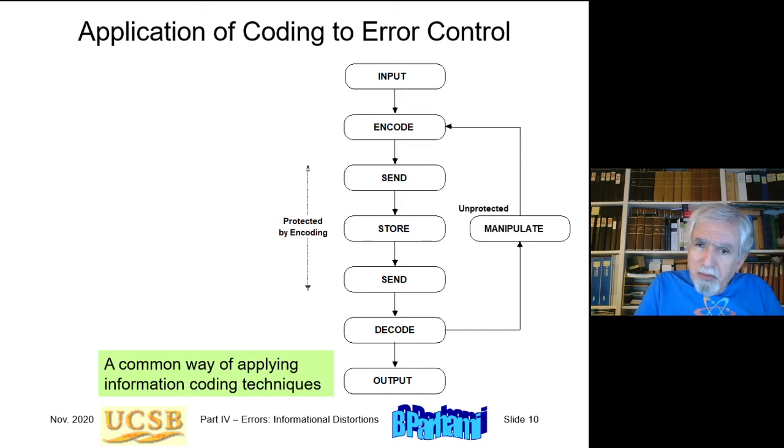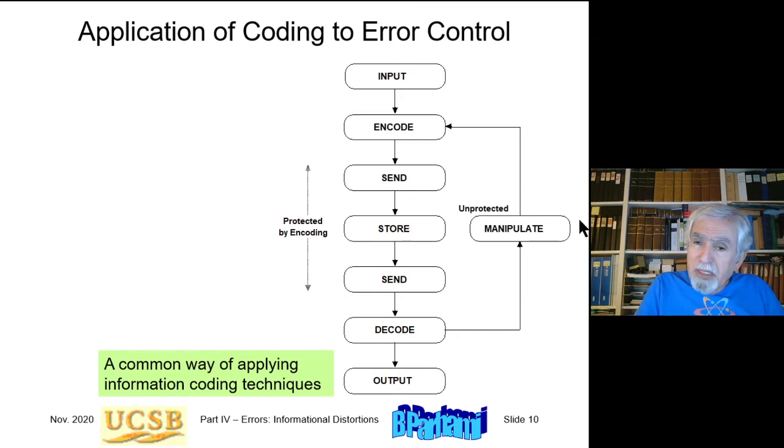And then when we retrieve it from the memory, we can send it to the location where it's needed. We decode it and send it to the output. If this was just a communication application, this would be the path. But if this is a data processing application, then the decoded value will be manipulated. So two numbers, both of which were encoded, will be decoded, added, and then the sum will be encoded and stored in memory.